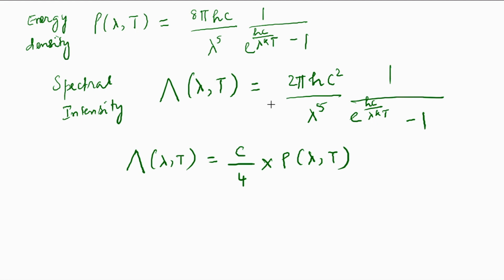In the next one, the same symbols are used, and c is of course here the velocity of light. With this information, we can proceed on to do the problems.